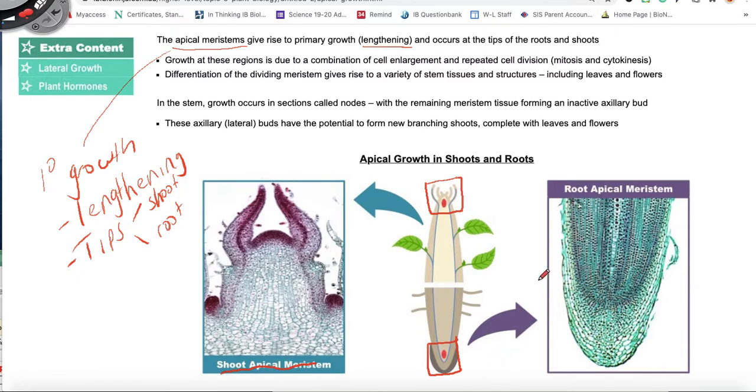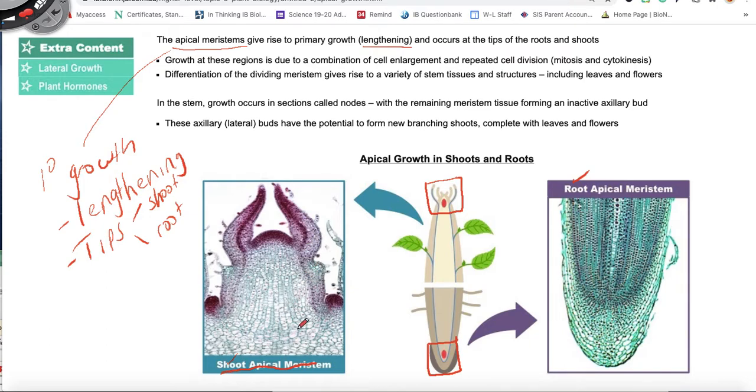Okay. So notice that they look different, right? The root versus the shoot. The shoot kind of reminds me of the horns of this wild beast. And then the rest of the bud here is enclosed. So how does growth happen in these regions?